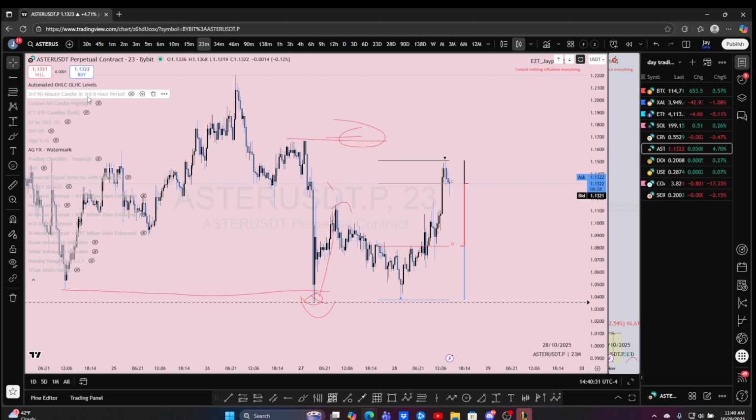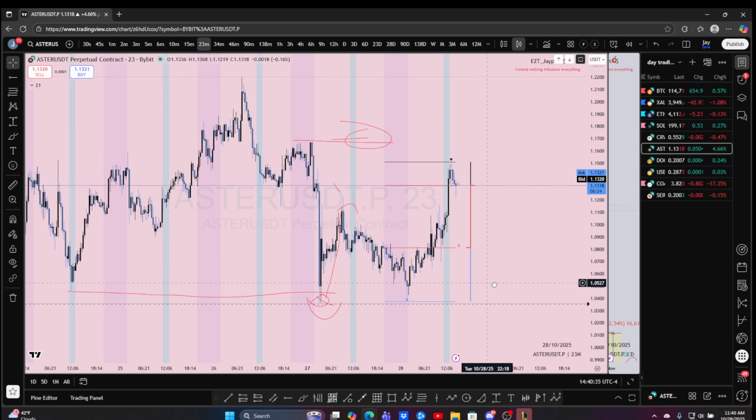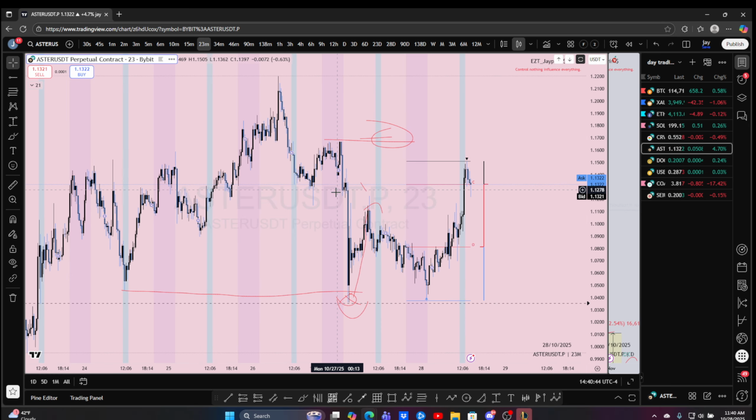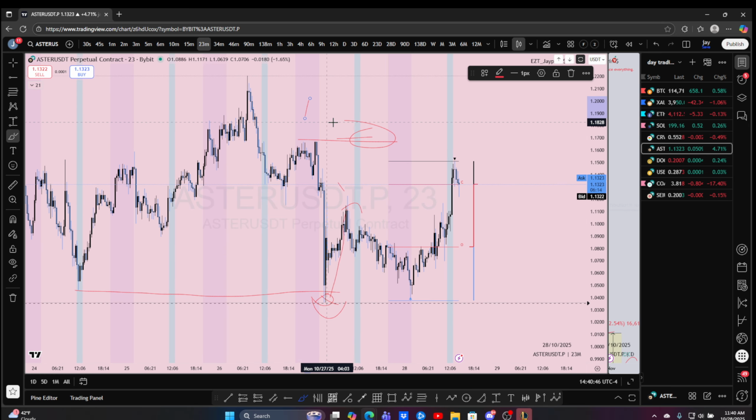But now, if you understand time, you can see how perfectly that high was put in on the first 6-hour. The purple highlighted levels are your first 6-hour candle, and then this is the third 90 inside of the third 6-hour candle. This is more fractal stuff that I'll teach you guys later on in this channel. Either way, just know that this is in the New York session and this is in the Asian session.